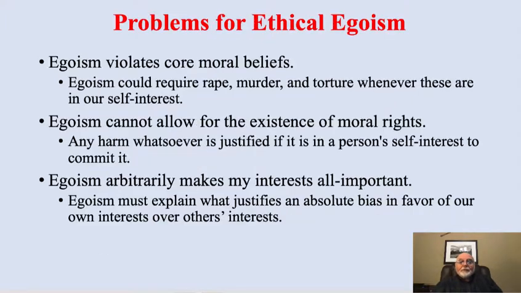All right, some of the problems here, even for ethical egoism. Well, there's a sense in which it's possible for core moral beliefs to be deemed to be immoral. Or put another way, what we would normally assert are clear moral wrongs being required duties.